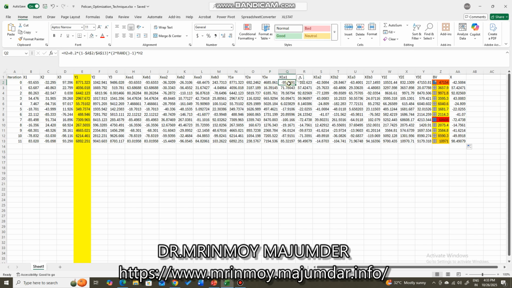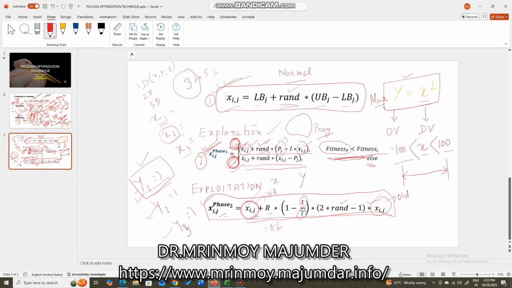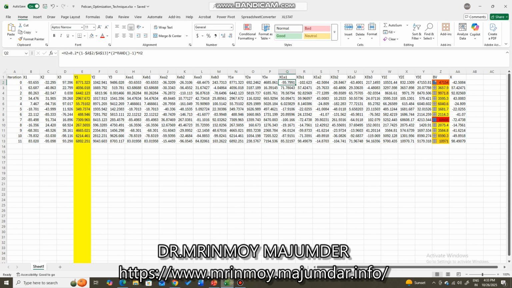Next comes the value of x that I have calculated with the help of the exploitation equation. Now here also I do not know which value will be the old x, whether it will be the equation 1 value or the equation 2 value. So I have generated x for both.